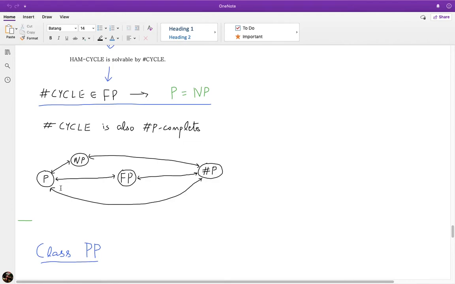As we all know, P is a subset of NP, and P is also a subset of FP, which is the function polynomial class.